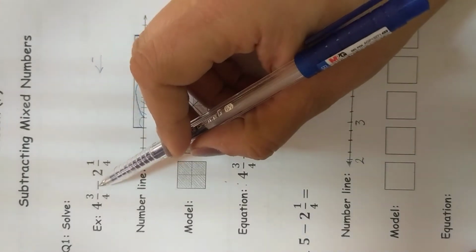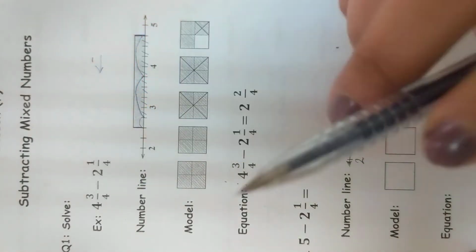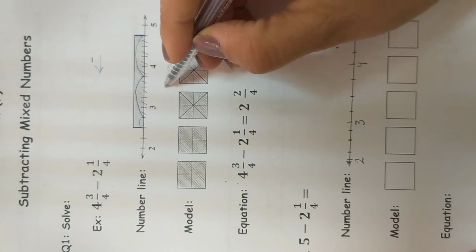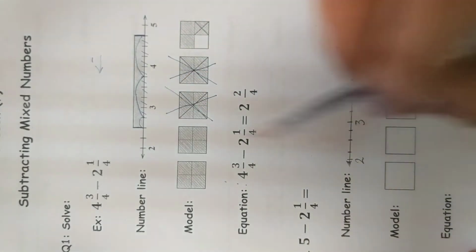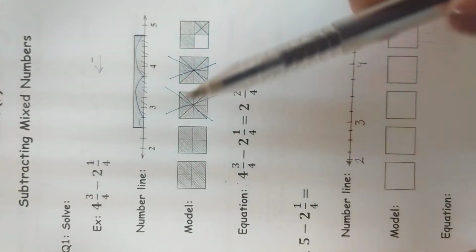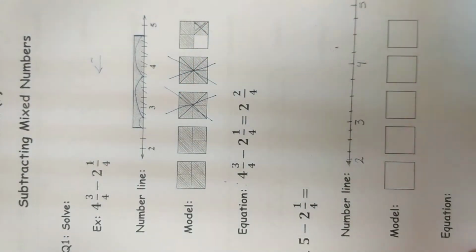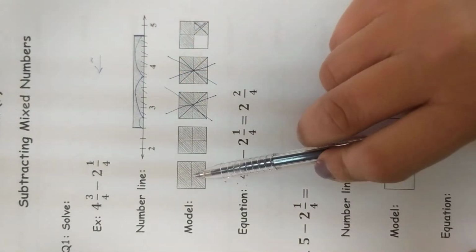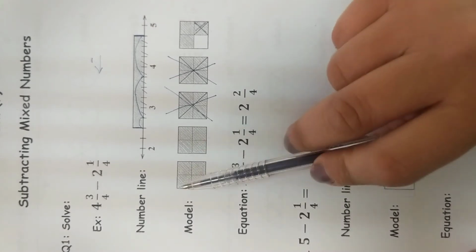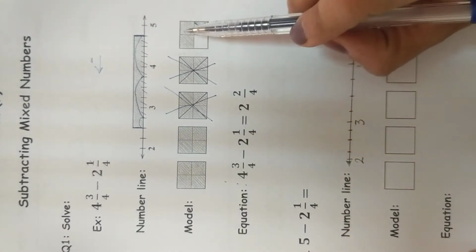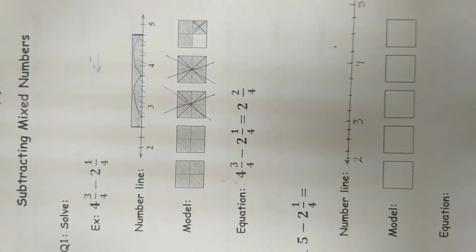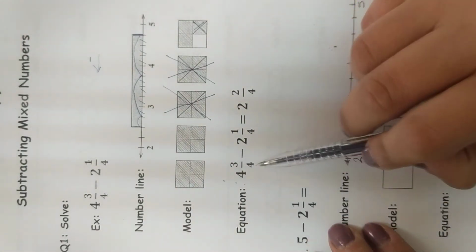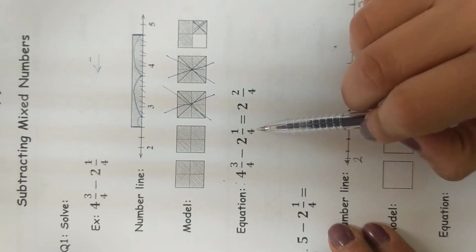Then I will subtract 2 wholes, so I will cross those 2, and I will also subtract 1 part. So the answer will be 2 wholes and how many parts? 2 parts.